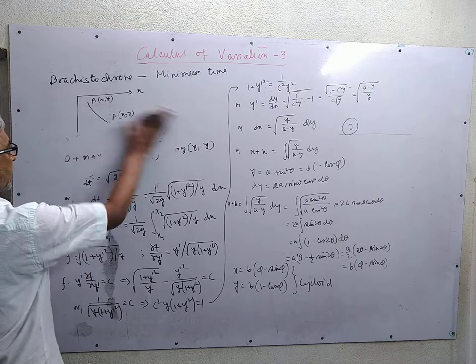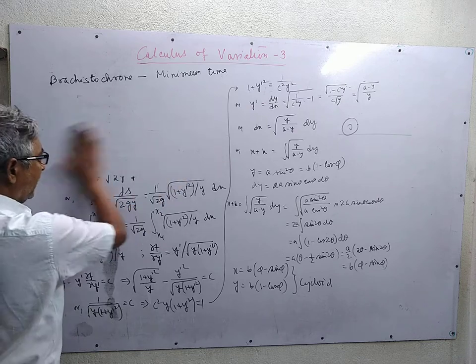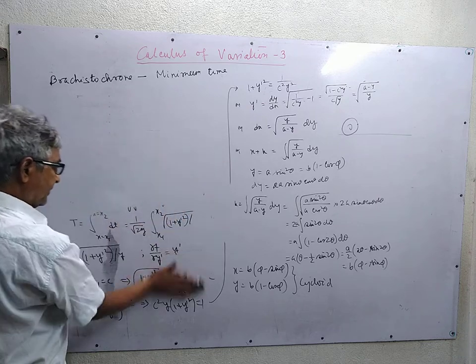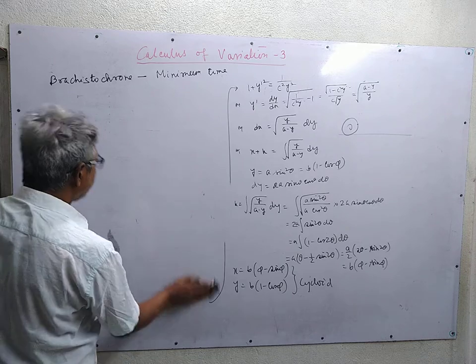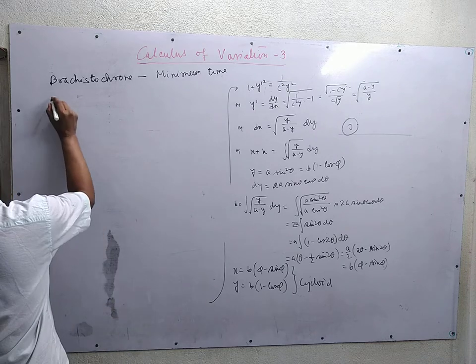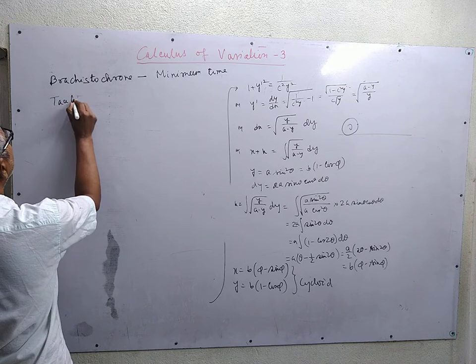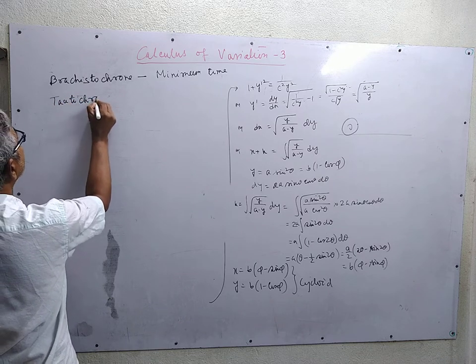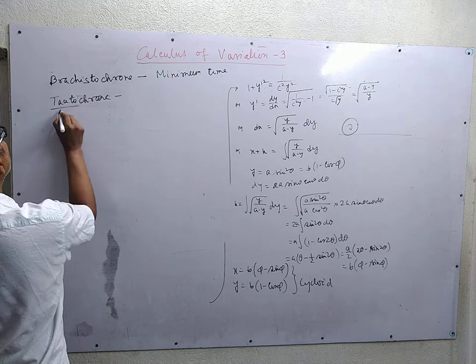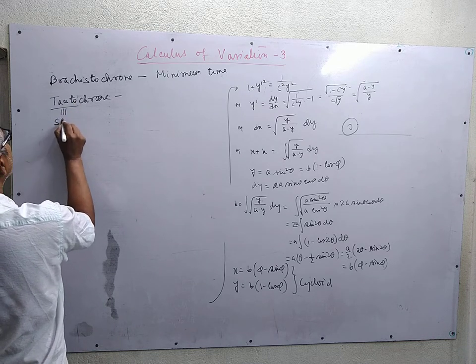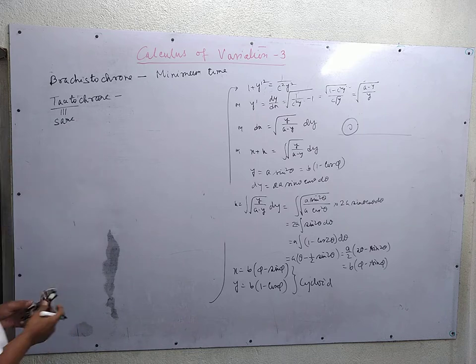I am not going to calculate the Tautochrone problem in detail, because the mathematics is a bit difficult. The Greek word tauto means same, and chrone means time.